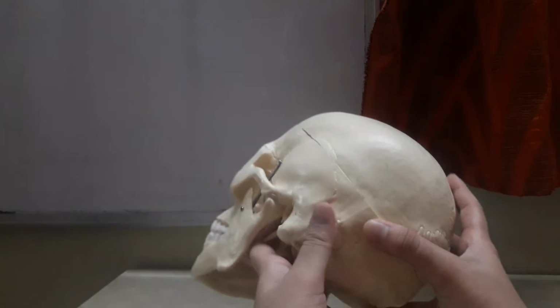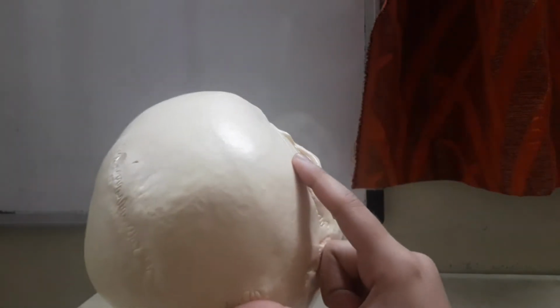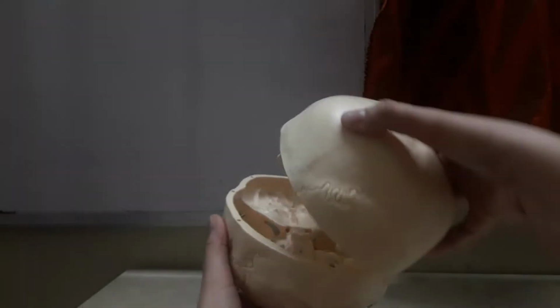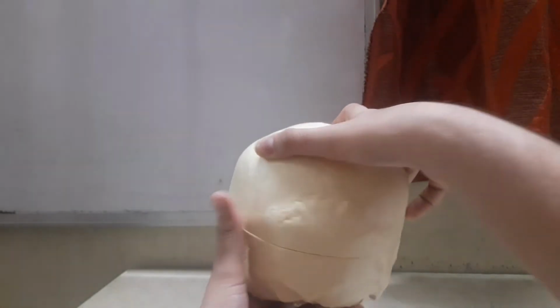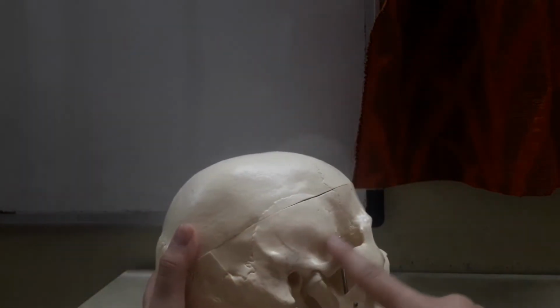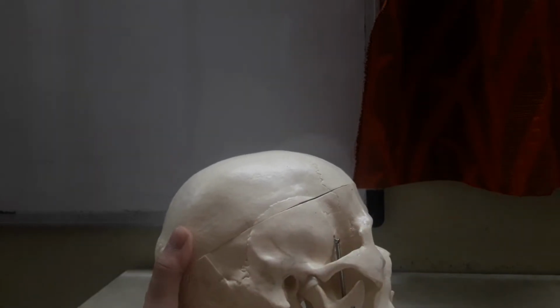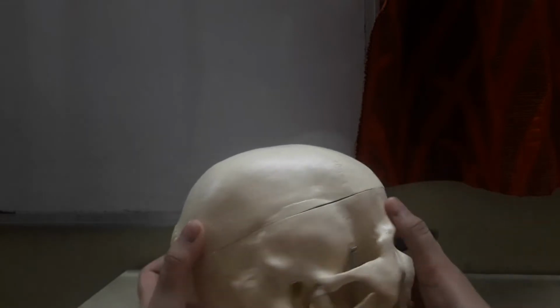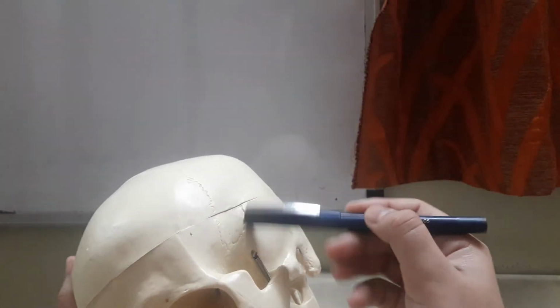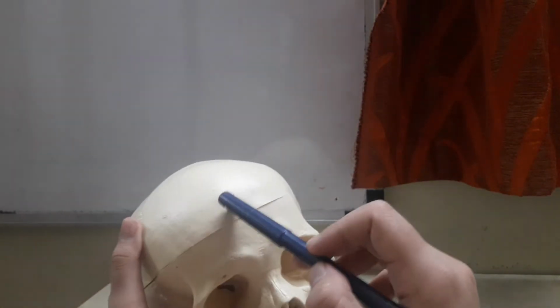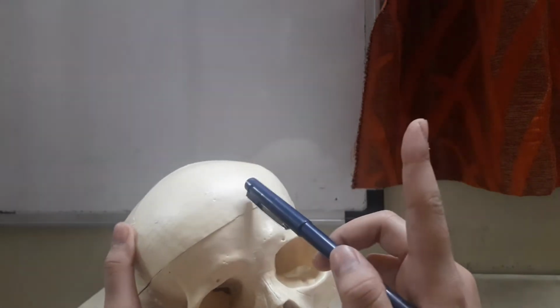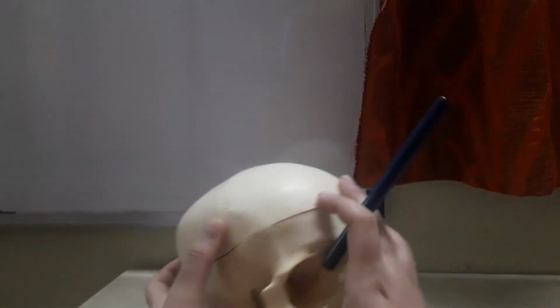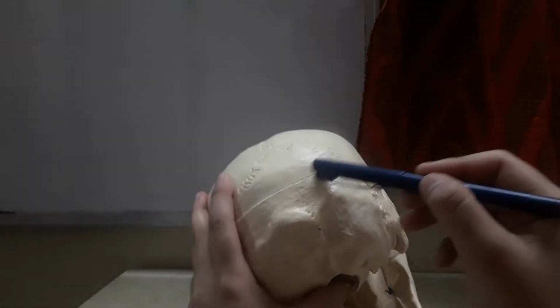Then you have temporal, I will show you with the help of a pen. See, this is one temporal, and in the same way here also you have a temporal. So one frontal, two parietal, two temporal, and one occipital.